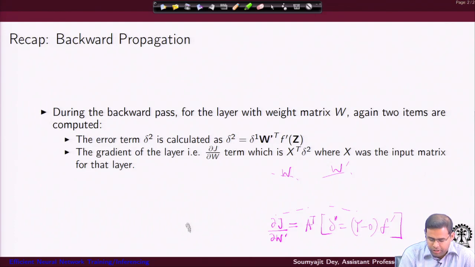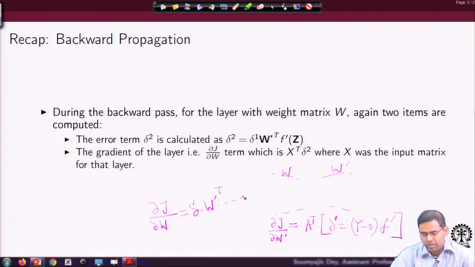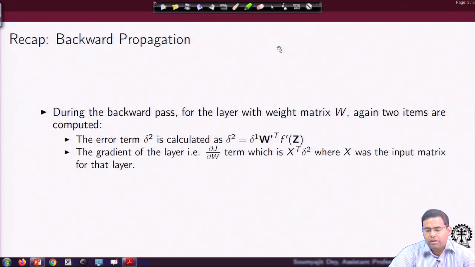For delta 2 we actually used delta 1, and then we got del J del W. We utilized delta 1 and multiplied by the previous layer's weights transpose, and of course, we have the f prime and others. So, essentially, as we can see, there is a dependency of the previous layer's loss derivative on the last layer. Now, if we take this relation into a cascade, then what is going to happen?